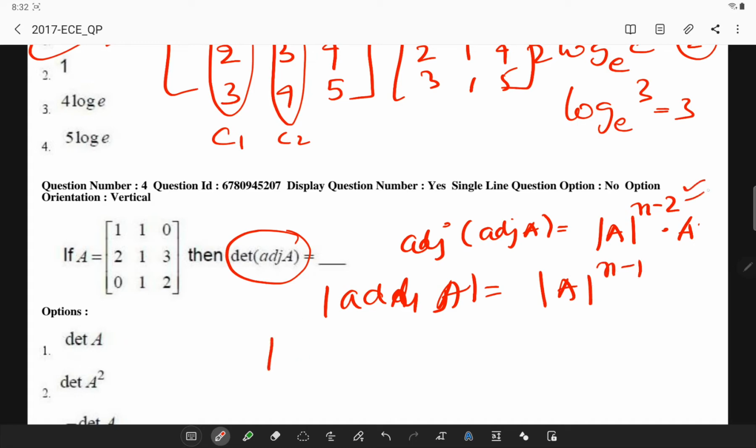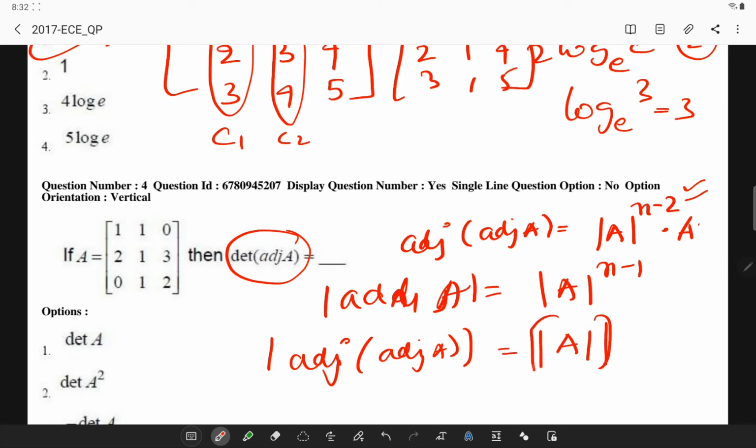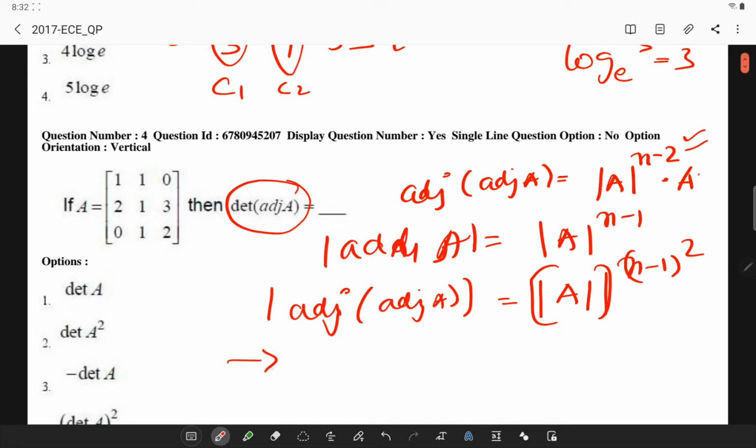So if I again use this formula, the determinant of adjoint of adjoint A will be simply det A power n minus 1 whole square. So if I keep on doing adjoint, this power of n minus 1 will keep increasing.